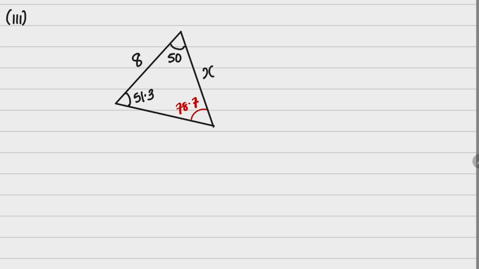All right, it's not hard to get that. And once we have that, then we'll now use our sine rule again, so that we are going to have sine 51.3 all over x will now be equals to sine 78.7 all over 8.